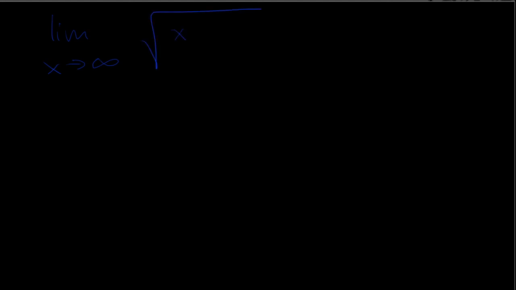So we have x squared minus 5x over x cubed plus x minus 2. I first identify the highest degree exponent in the bottom. That'll be the x cubed. So I'm going to multiply the top and the bottom by 1 over x cubed. And that's all happening inside the square root.